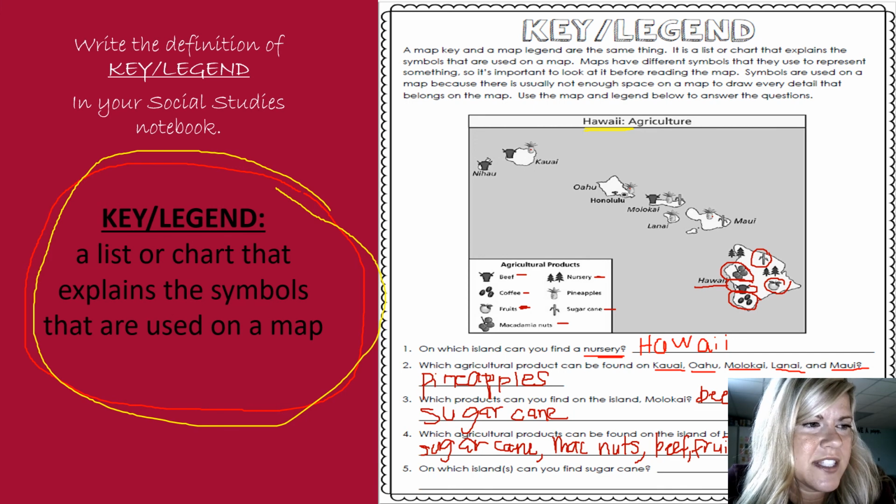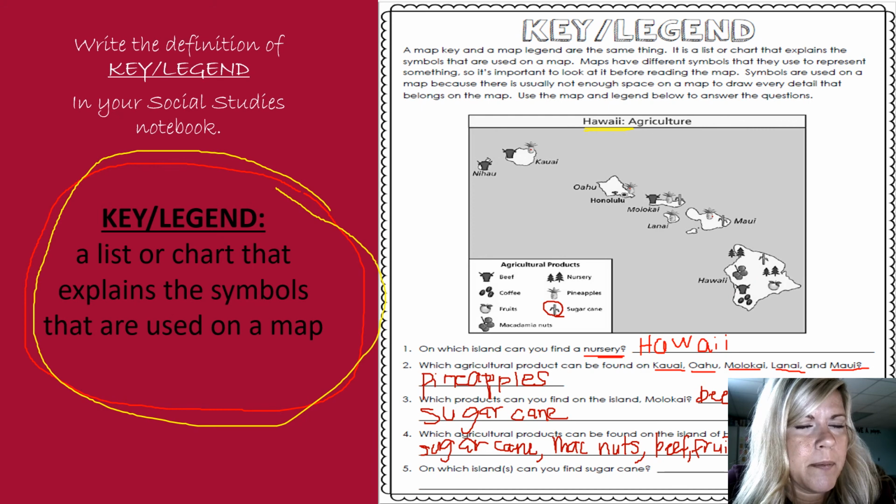Now the last one says, on which island can you find sugar cane? So we need to go into our key and look and see what the symbol for sugarcane is. So I see sugarcane is this little symbol. And now I'm going to go through each island on the map and see which islands have sugarcane.